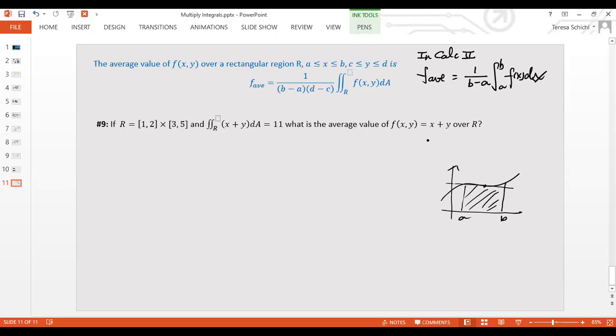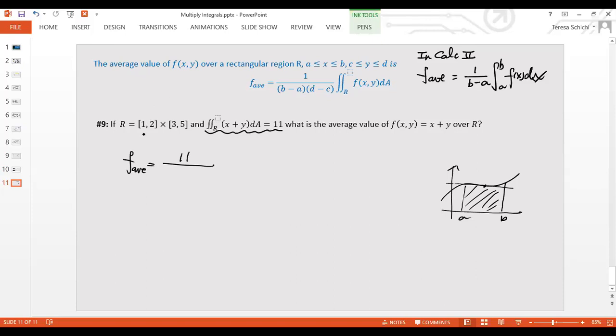Okay, so now the same thing here. They tell you that this integral is 11, and then ask what is the average value of xy over R. Hey, they already gave it to you, so it's 11.